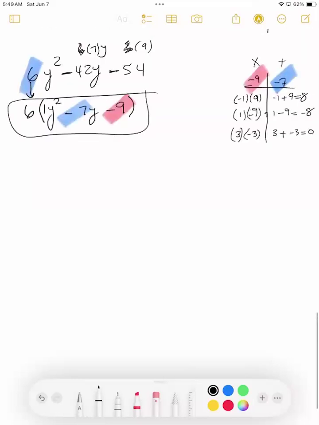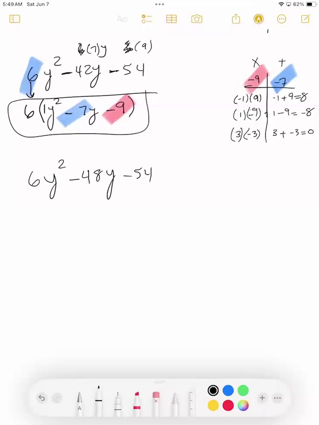But if I change that problem and let's say if I had a 48 instead of 42, I'm just going to do another problem for you here. Let's say this was our problem instead.